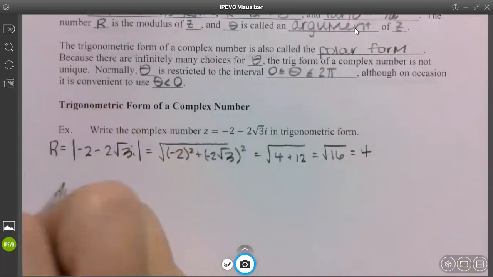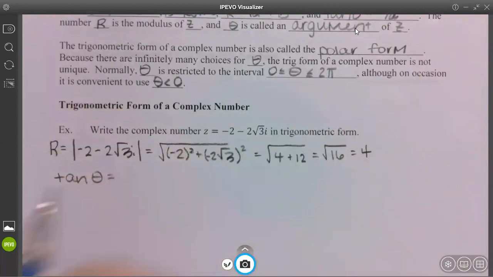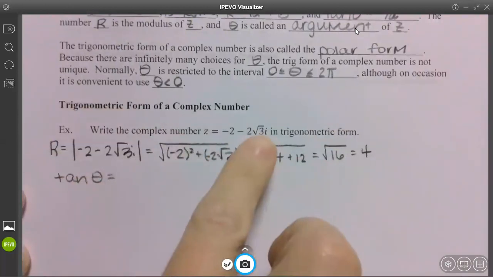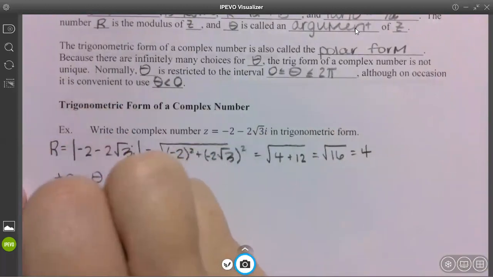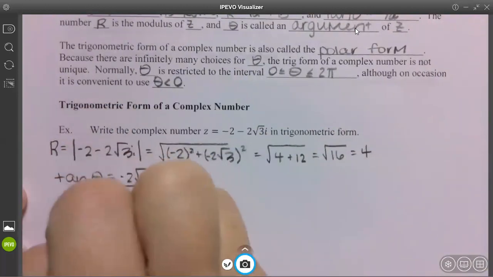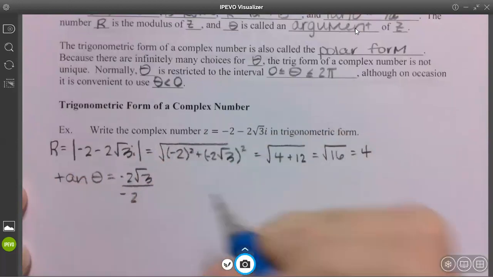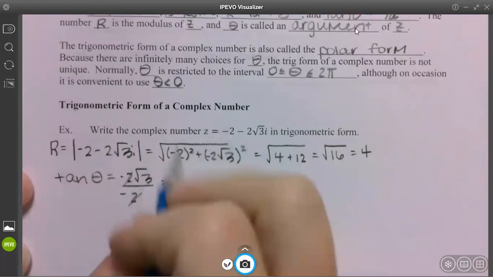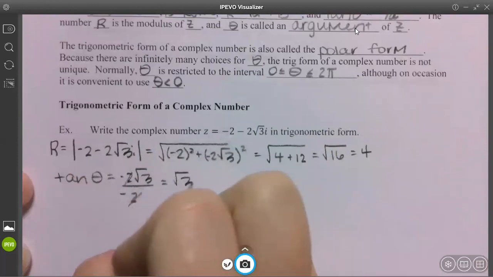The next thing you're going to do is find the tangent theta equals b over a. So your b is your second number, -2 square root 3, over -2. Your -2's will cancel out and leave you with square root 3.